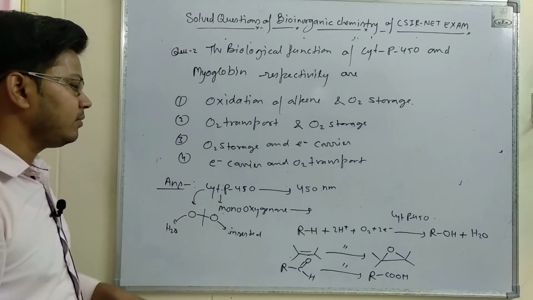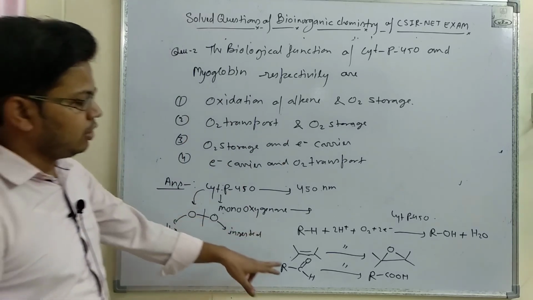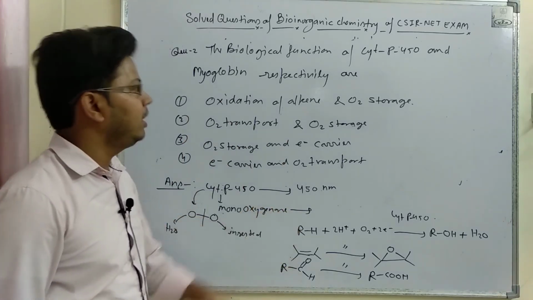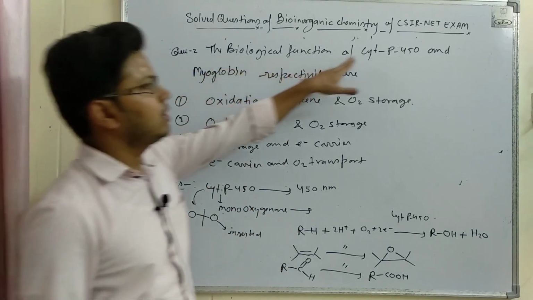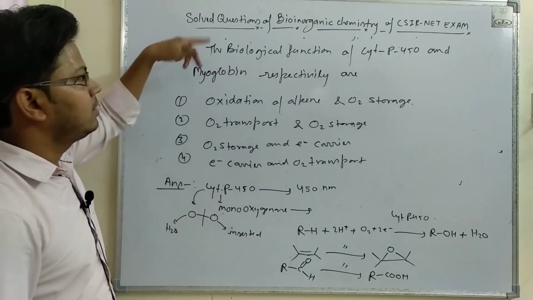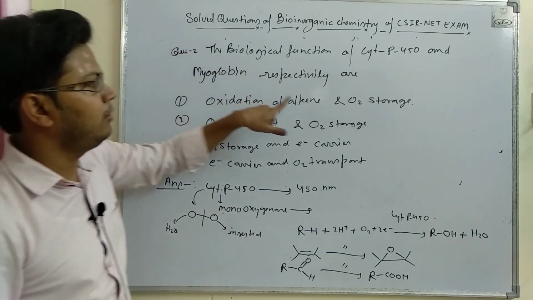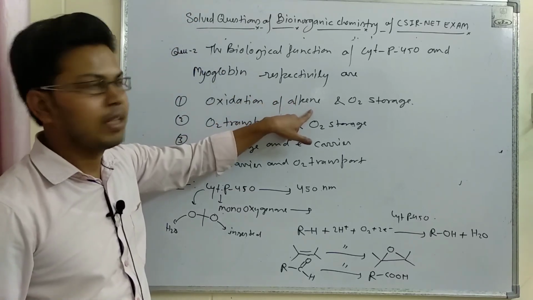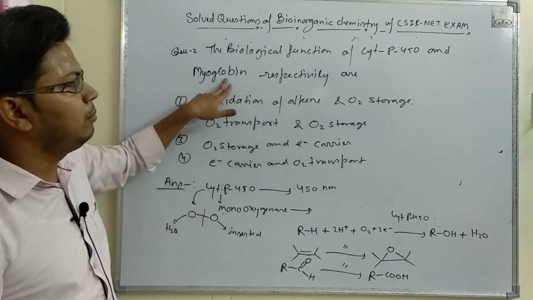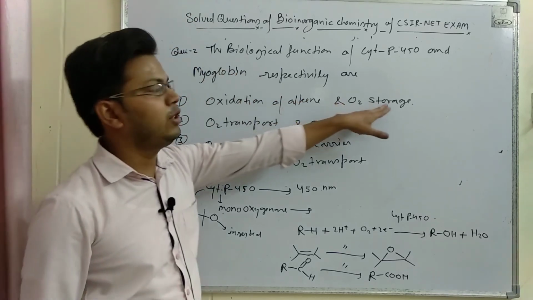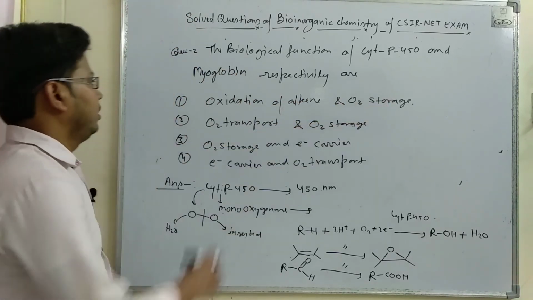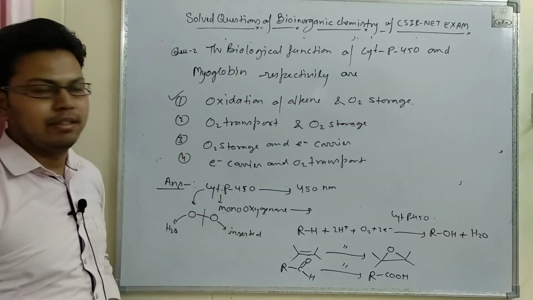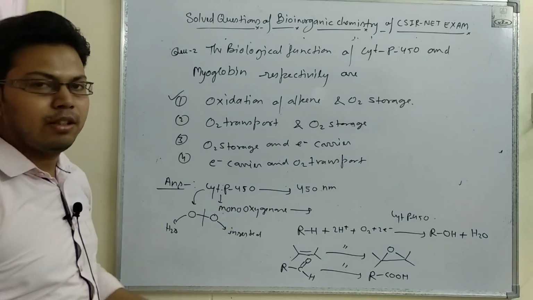Therefore the biological function of cytochrome P450 is the oxidation of alkene. And as we know, myoglobin acts as oxygen storage, and therefore the first option will be the correct.